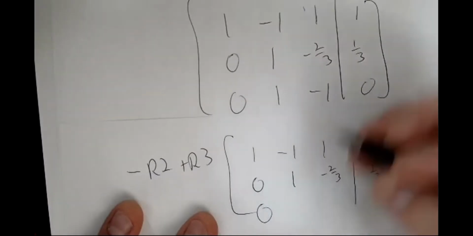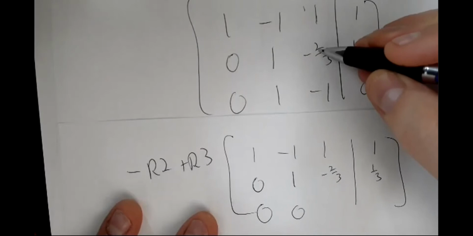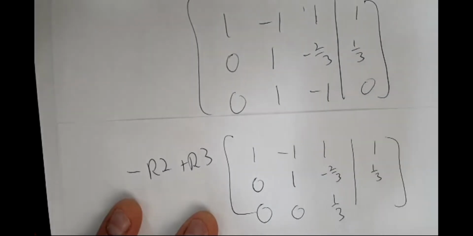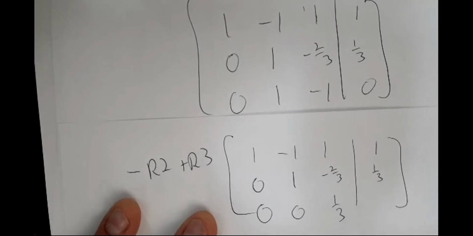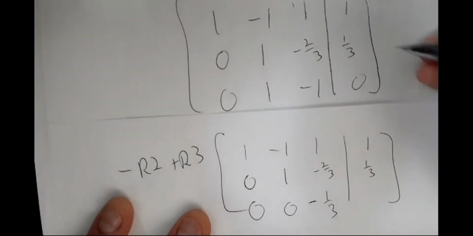This would be 0. This would be 0. This would be what? 2/3 plus 1, I think gives me a third. Minus 1/3, I believe. And then this one is a minus 1/3.